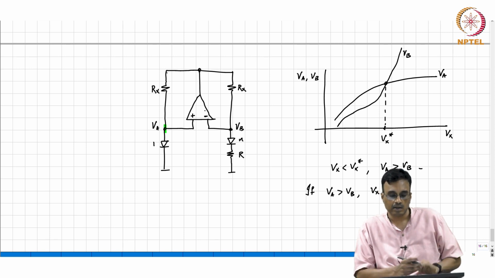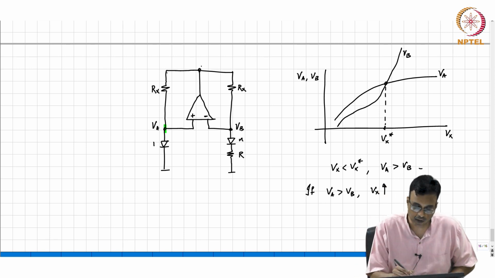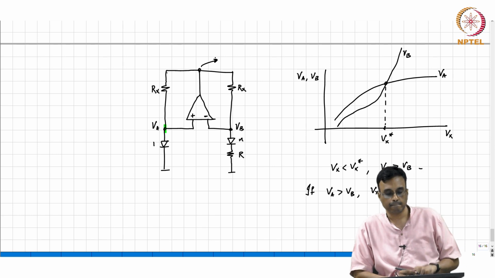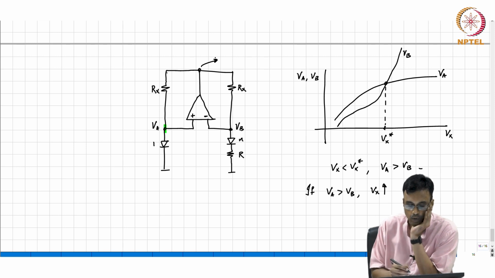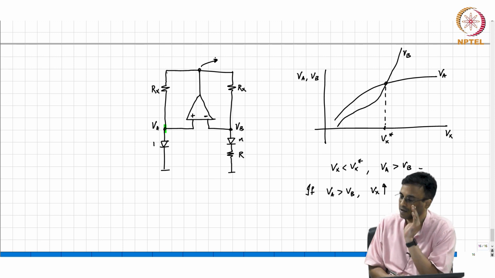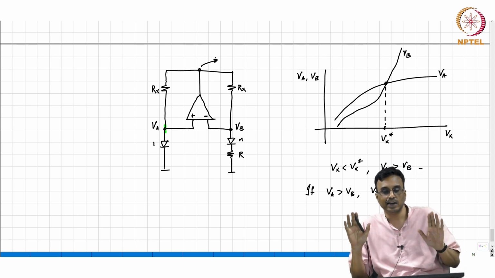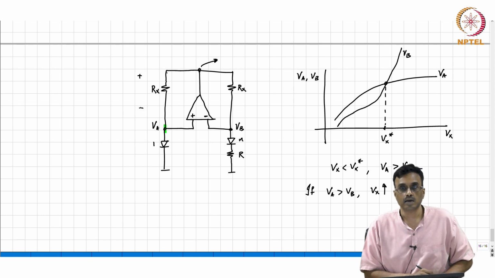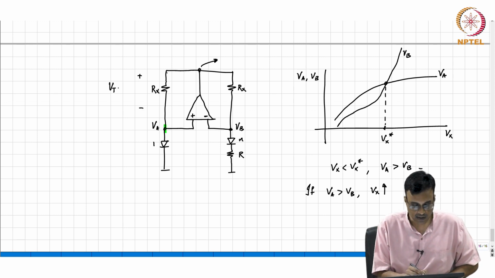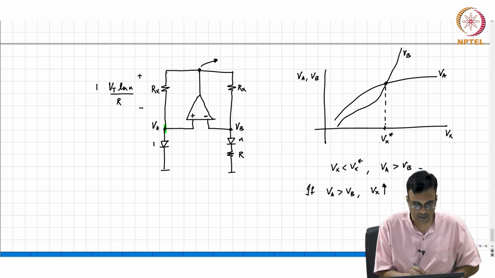Okay. Now, what is this voltage therefore? What is the current flowing? Current always is Vt ln N by R. So what is the voltage across this resistor? Vt ln N by R times Rx.